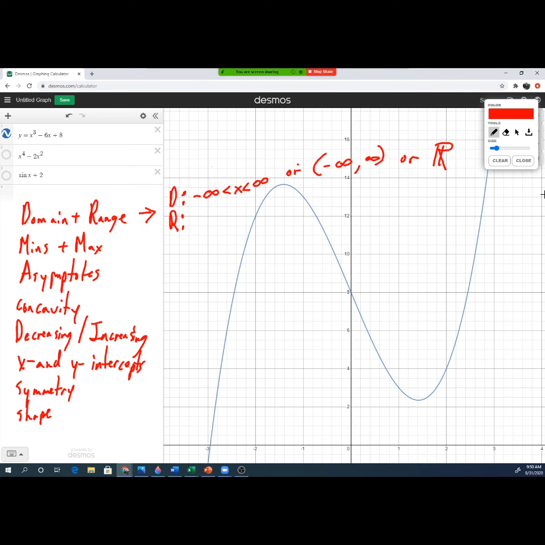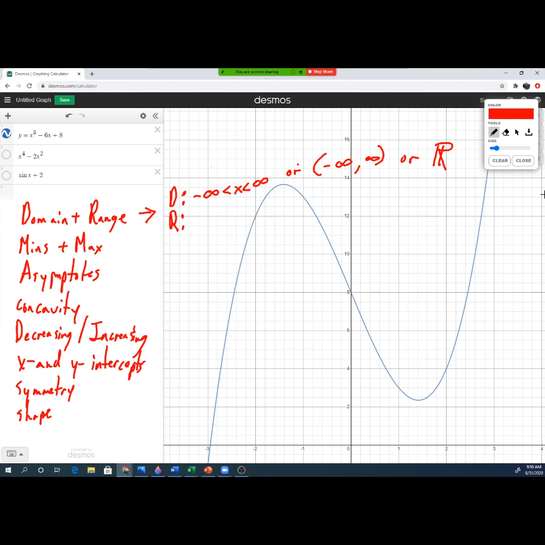Have you seen that funny looking R before in your math classes? It means all possible numbers, or in other words, negative infinity to infinity. Now, realistically, which one are you going to use? Depends on the situation. They all mean the same thing, but sometimes, especially when you use software to enter the information, sometimes they prefer one over the other.